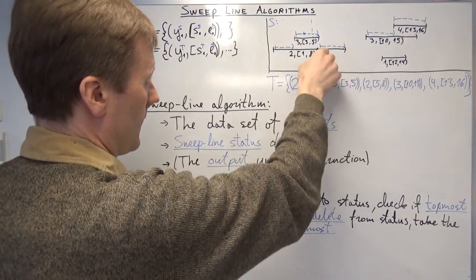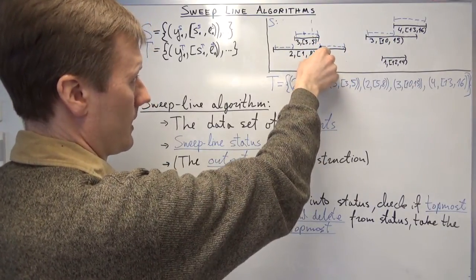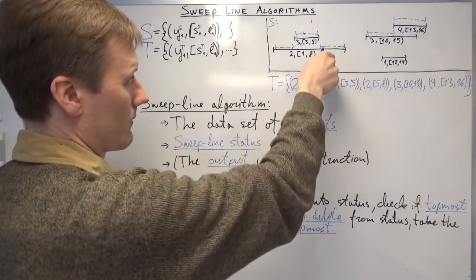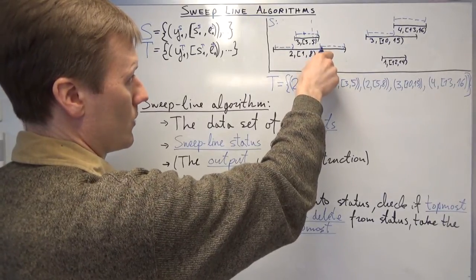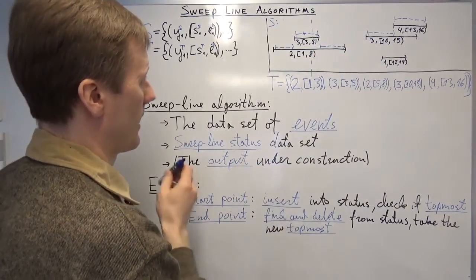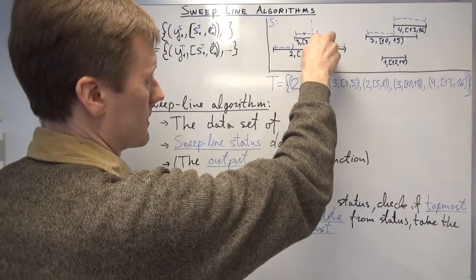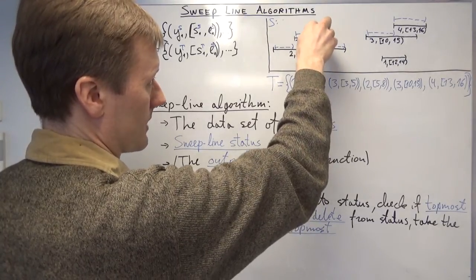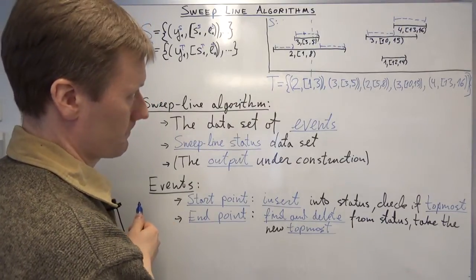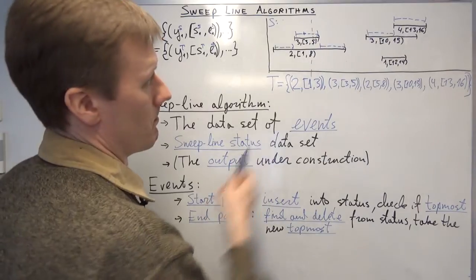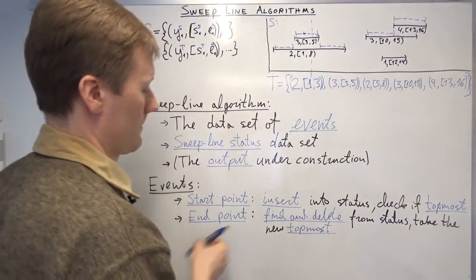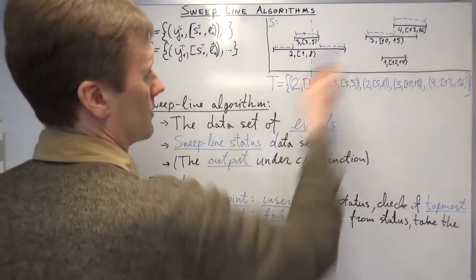If the sweep line status now is not empty, we take the topmost interval again in the sweep line status, and then we append it at the end of our output with the new starting time, which is equal to the ending time of the interval that we just deleted. But obviously, if we delete an interval that was not the topmost, we just delete it from the sweep line status and we do not have to update anything.